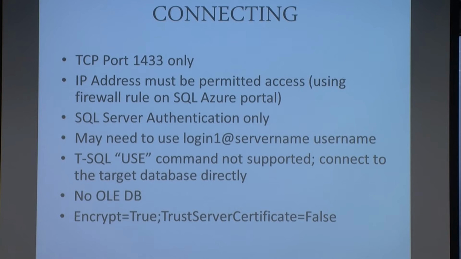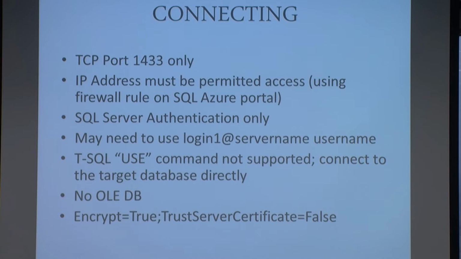So when your application connects to your database, you're connecting on TCP/IP port 1433 only. And we already saw where I have to create the firewall rule, so we have to explicitly grant either specific IP addresses or blocks of IP addresses, a start and end address.